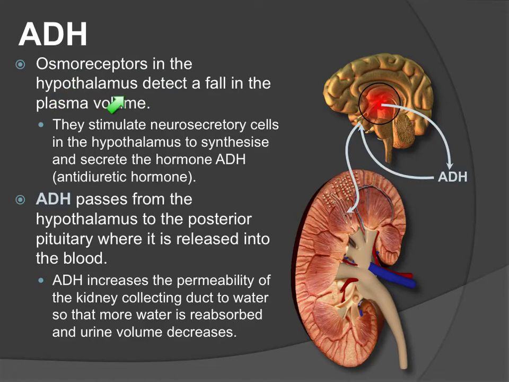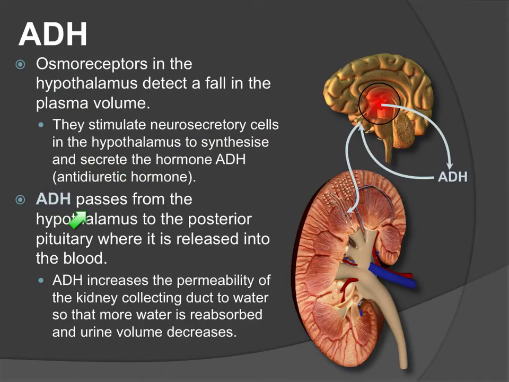So when they detect this decrease in the plasma volume, they stimulate those neurosecretory cells that are also found in the hypothalamus. My goodness, the hypothalamus is a multi-talented part of your body, isn't it? These neurosecretory cells can synthesize, or make, and also secrete this hormone, antidiuretic hormone.